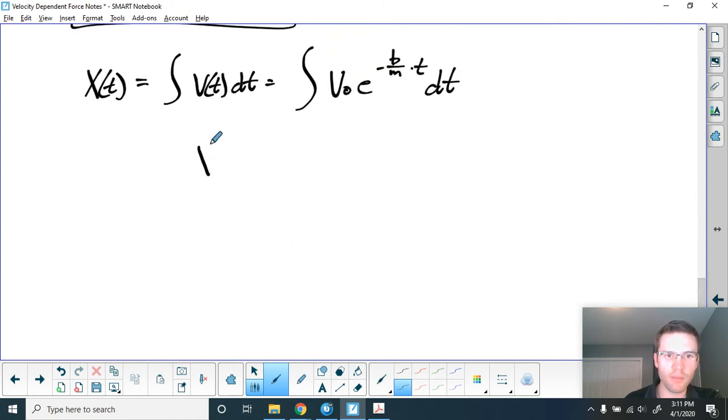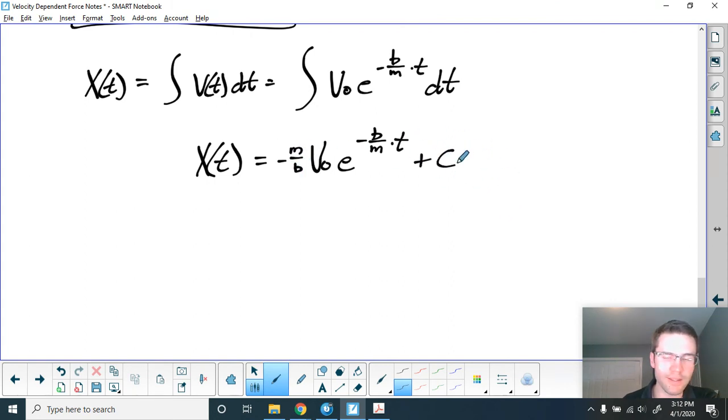And position is equal to, my constant stays out there, e to the negative b over m times t. You could use substitution here if you wanted to. What do we get here? Negative m over b times all this plus c, the constant.